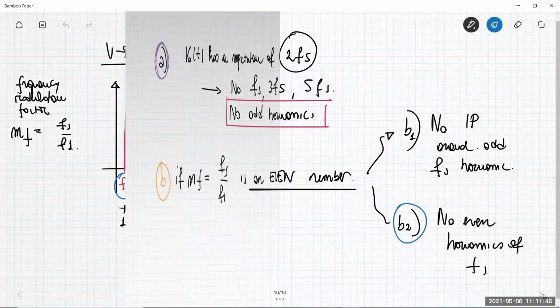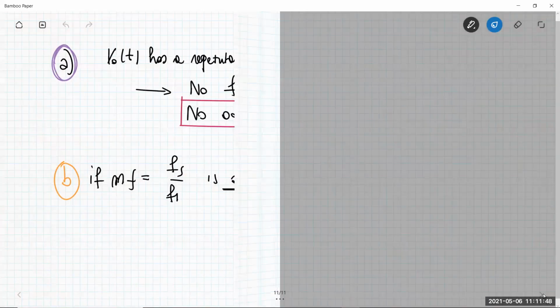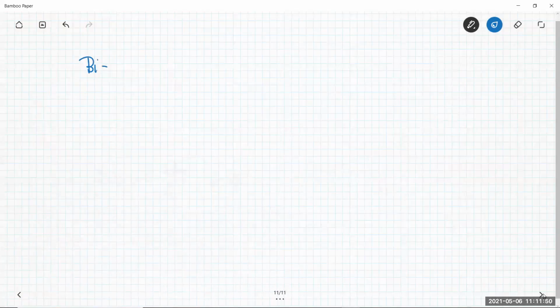Let me share the whiteboard. What is the sequence of transistors that are switching for the bipolar pulse width modulator?